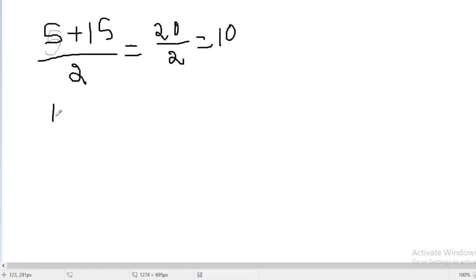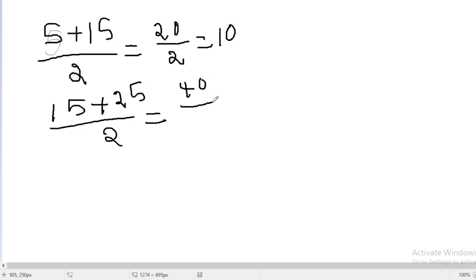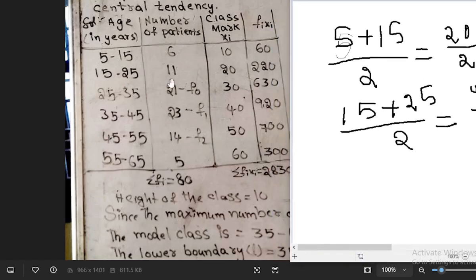Then the next class, 15 to 25. So the average of the lower boundary and upper boundary by 2 is 40 by 2, which is equal to 20. 20 is the midpoint of 15 and 25.